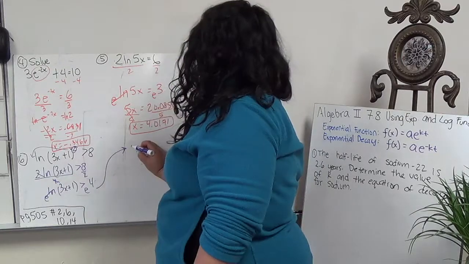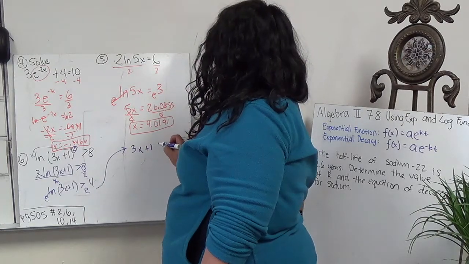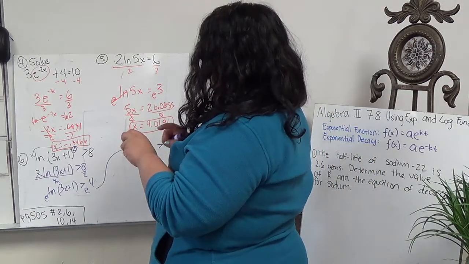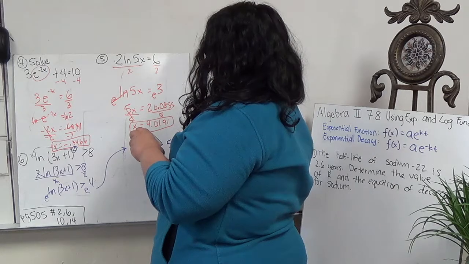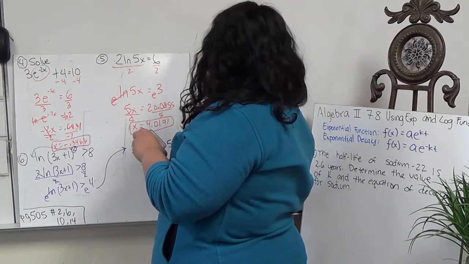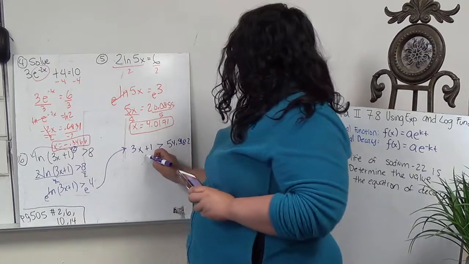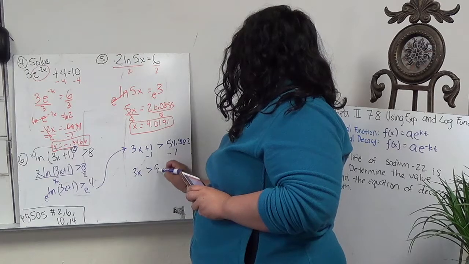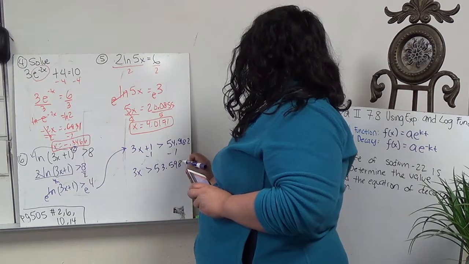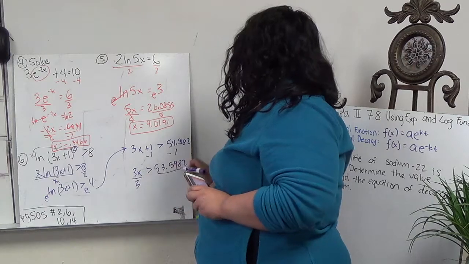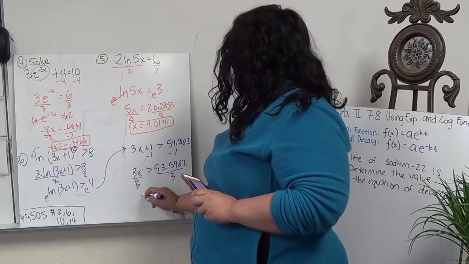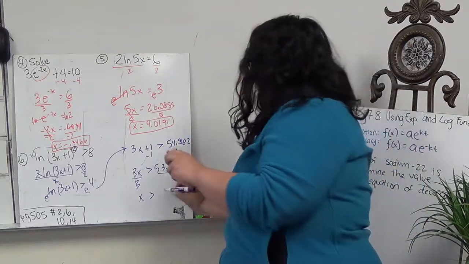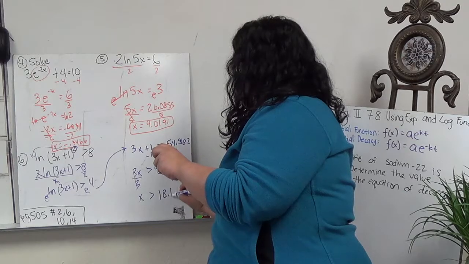This cancels out, giving me 3x plus 1 is greater than e to the 4th, which is 54.5982. I'm going to subtract 1 from both sides. 3x is greater than 53.5982. Then I'm going to divide both sides by 3. This cancels out, and I end up with x greater than 18.1993.